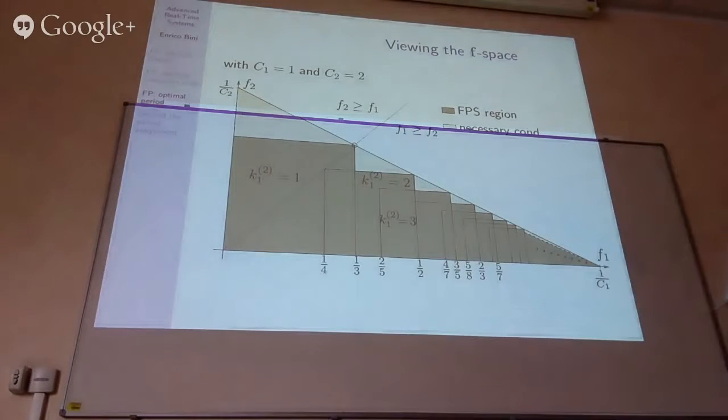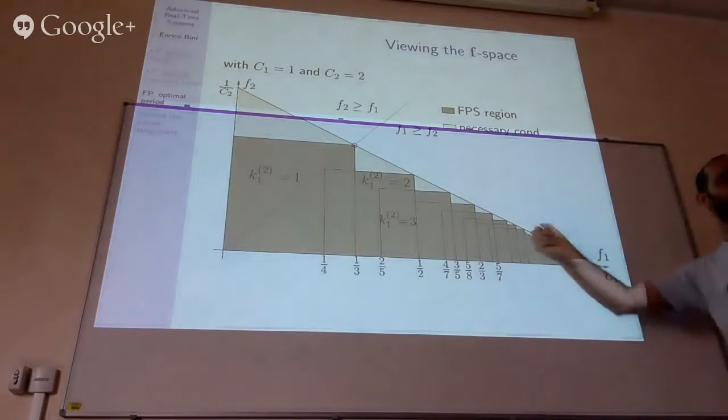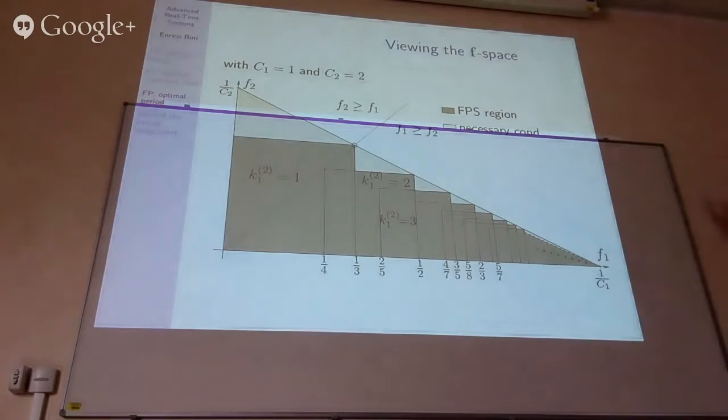When you are making practical usage of it, of course you have to stop somewhere. But the exact region, if you view it in the frequency space, is composed of an infinite number of vertices, becoming denser and denser here. And it's like that, so you have to live with it.